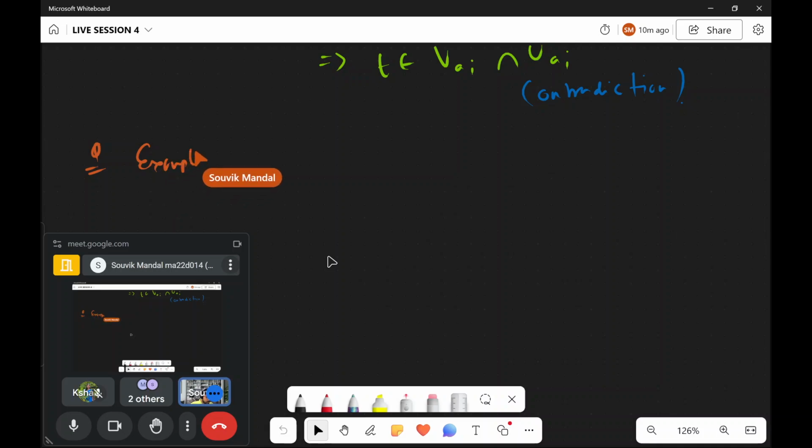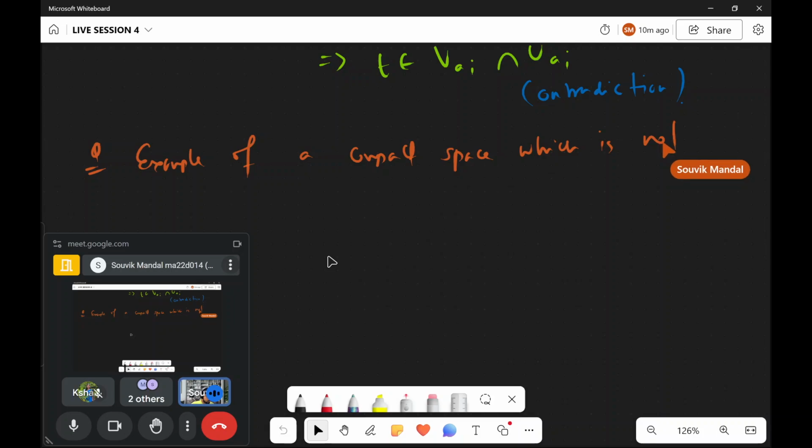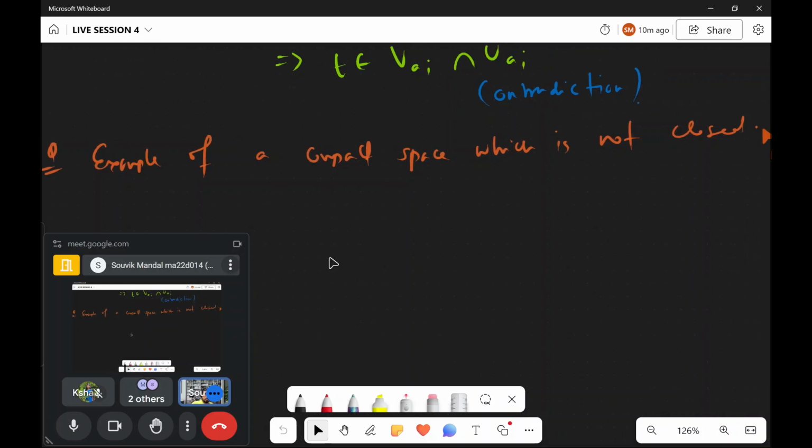Give an example of a compact subspace of some topological space which is not closed. Think about it and let me know. Of course you need to consider a non-Hausdorff topological space.